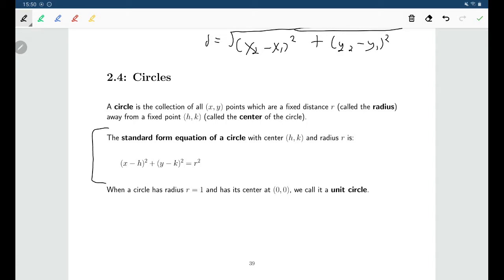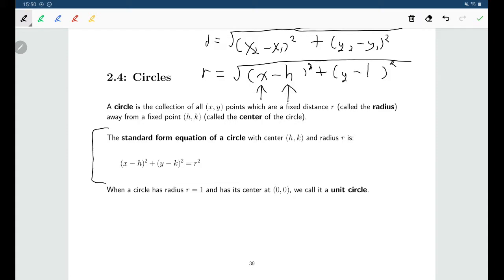And so if we're thinking about a circle, we say that the radius should be the distance between any point on the circle and the center. So the difference between the x coordinate on the circle and the x coordinate of the center, plus the difference between the y coordinate on the circle and the y coordinate at the center.